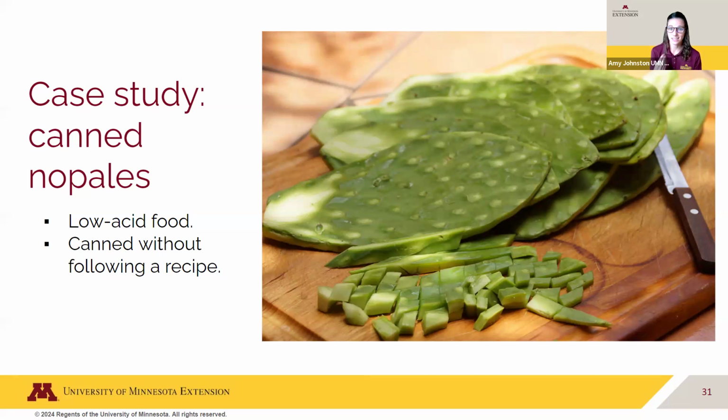So in less than a month, the amount of toxin that was produced by these spores was so significant that 10 were sickened, and 2 individuals were actually hospitalized. Initial symptoms were vertigo and blurred vision, and their symptoms progressed. They did recover, but again, it's just hammering home that point that low acid foods need to be canned using that pressure canner and need to be processed with the correct processing time and correct pressure.